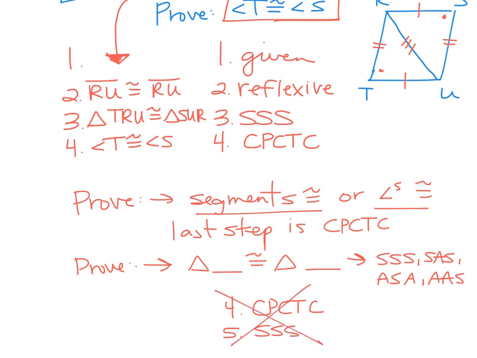Now, it doesn't mean that you can't do a CPCTC and then prove two different triangles congruent and do another CPCTC. That can happen. But if this is your only CPCTC and three-letter theorem in a problem, they have to be in the other order. It has to be the triangles congruent first and then your CPCTC. Does that make sense? Okay, let's do one more proof and then we're done.